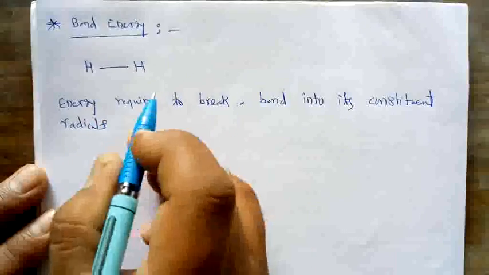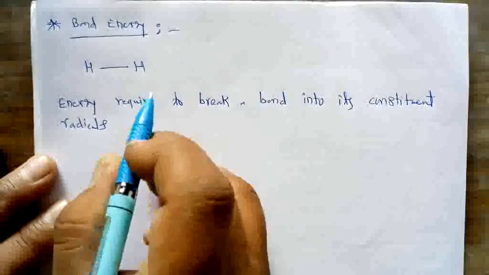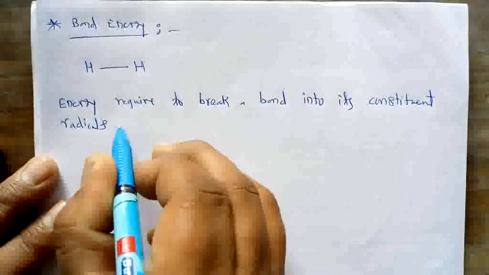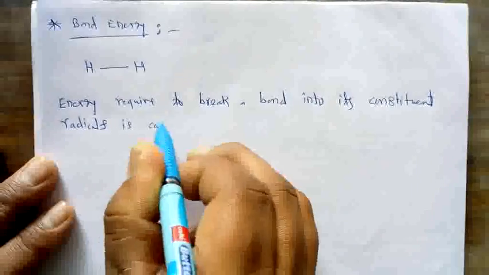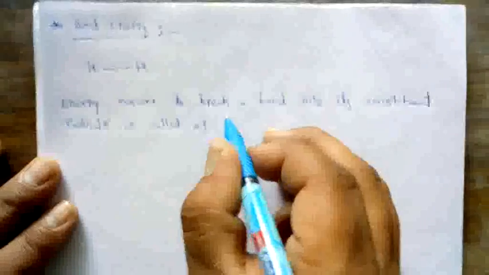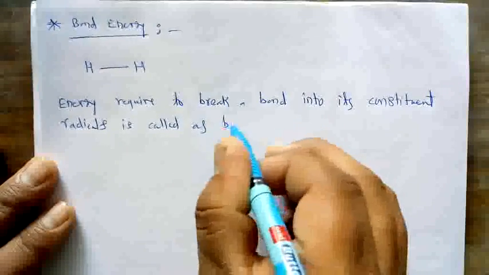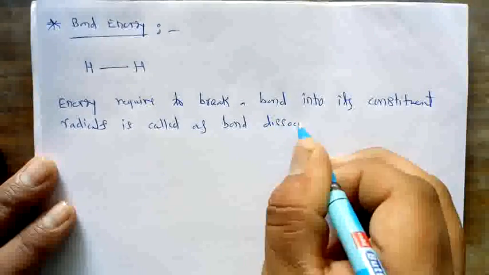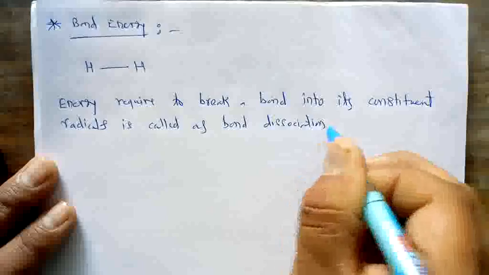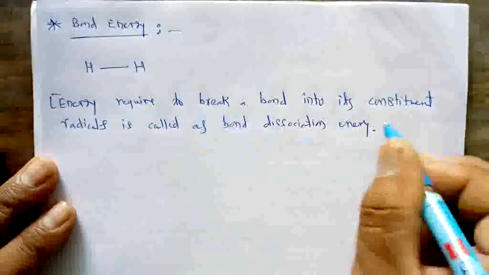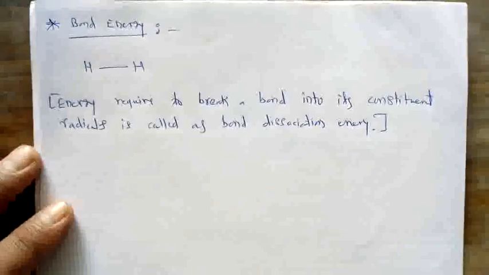Then it is called the bond dissociation energy. So this is an important property of a particular bond, called the bond energy.